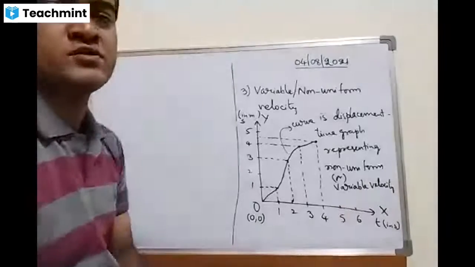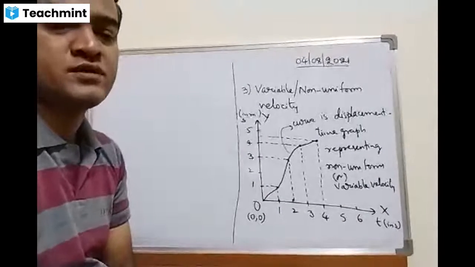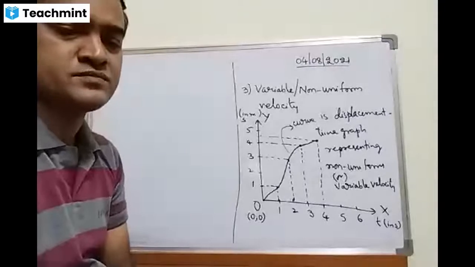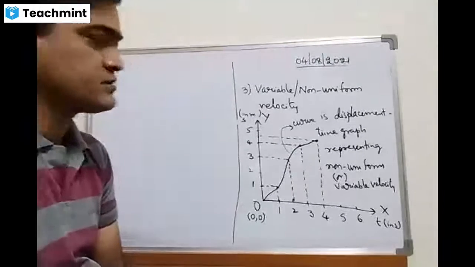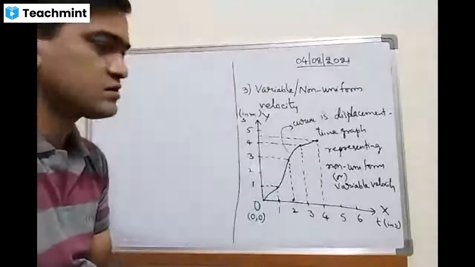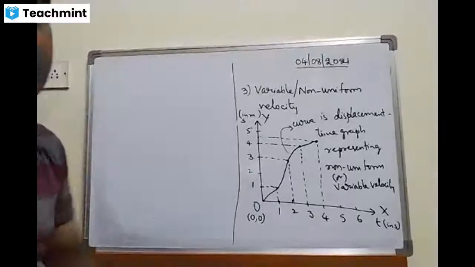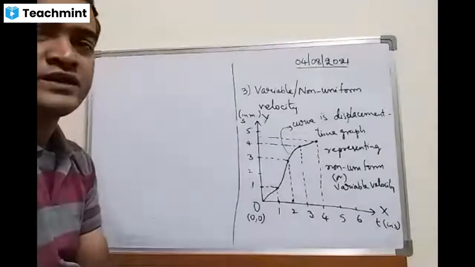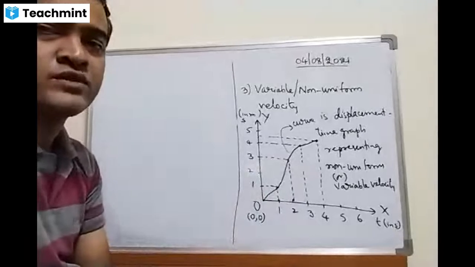Why velocity? Because displacement by time gives what? Displacement by time gives velocity. So just note it down, or anyways, I'll send the recording. So curve. Okay, this is a non-uniform or variable velocity.